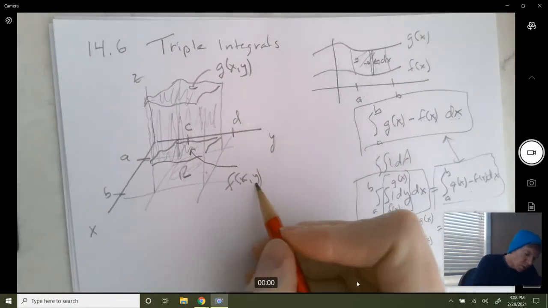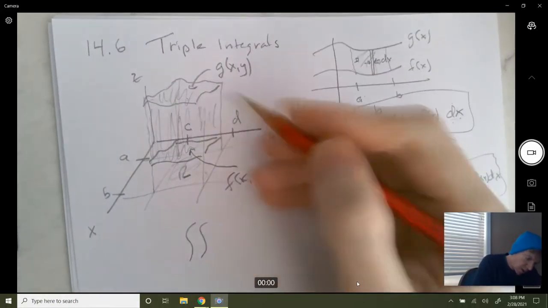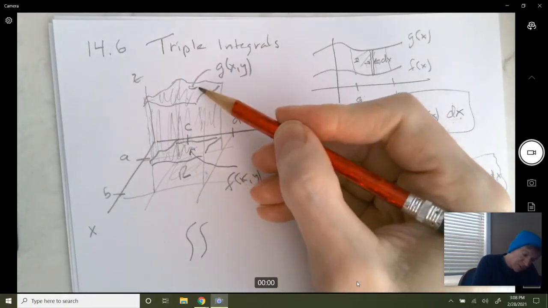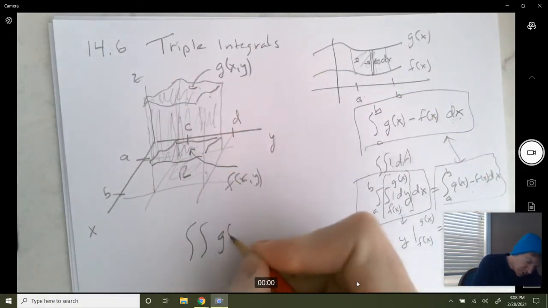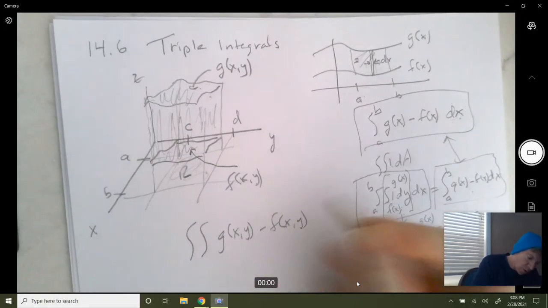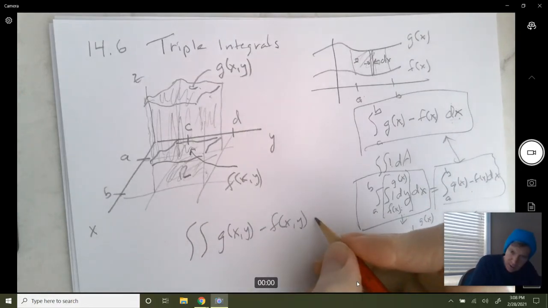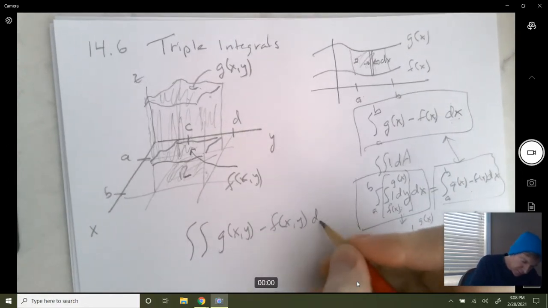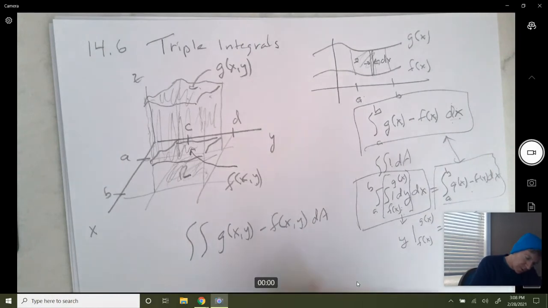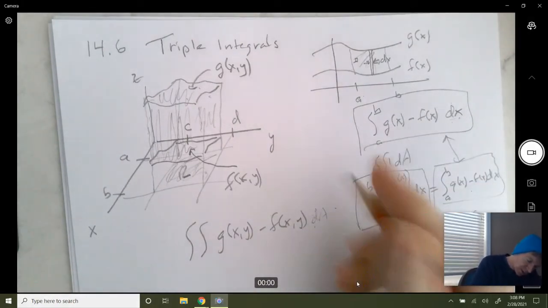So we can do that with a double integral, the double integral of the top surface minus the bottom surface, so g of xy minus f of xy over your entire region down here, times your dA. And if we call that dA, actually let's call it a dx dy.